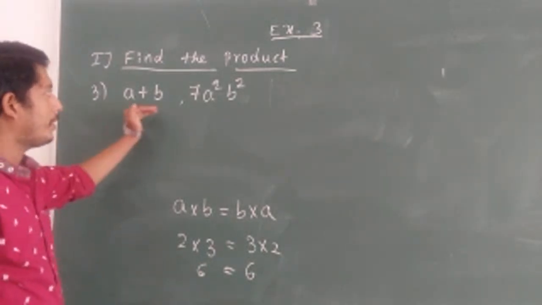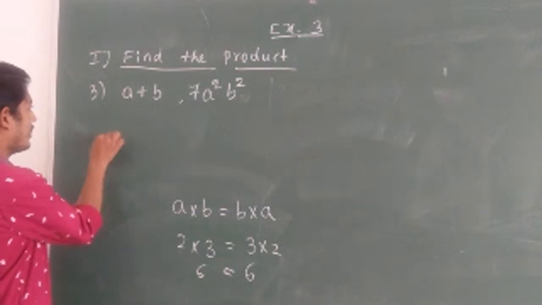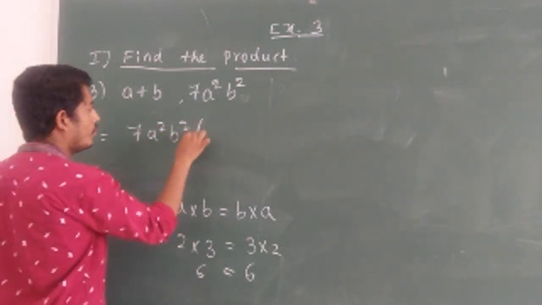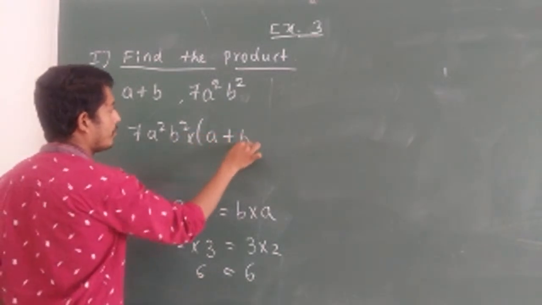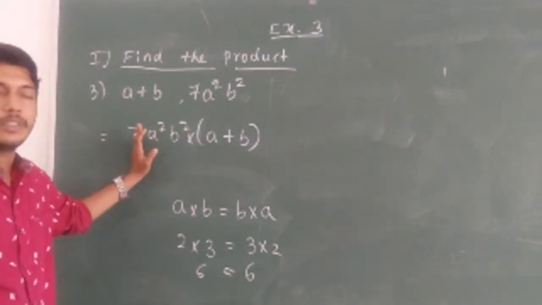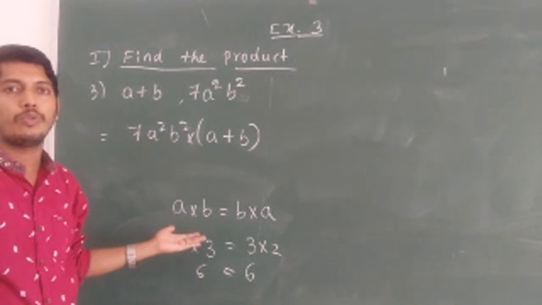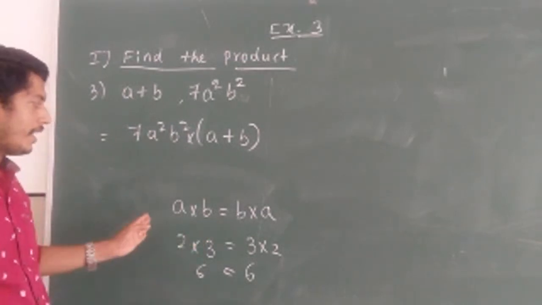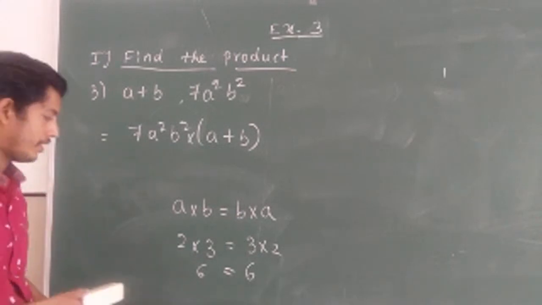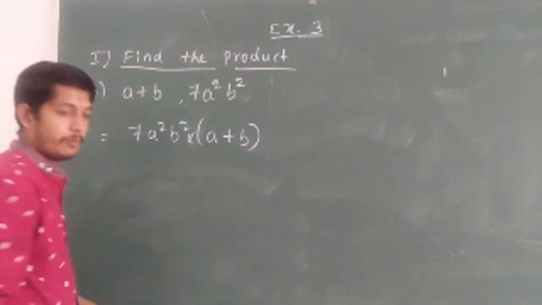So since a plus b and 7a square b square are given, we can directly write this as 7a square b square into a plus b. The first term is 7a square b square and the second term is a plus b, because multiplication holds the commutative property. In both cases we get the same answer.